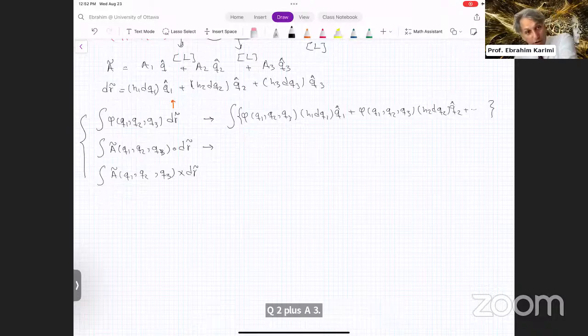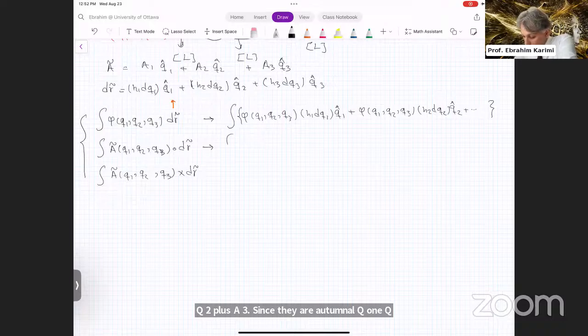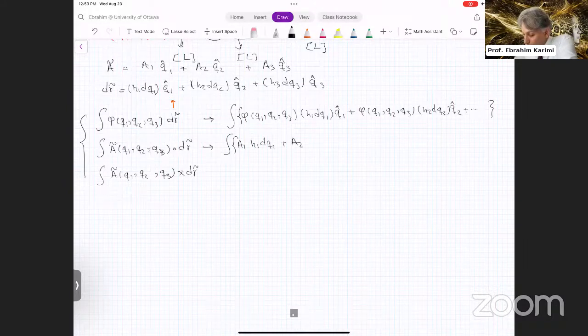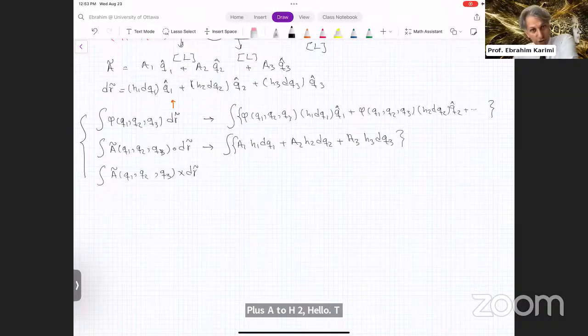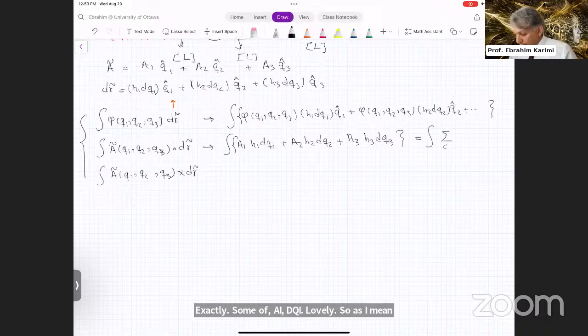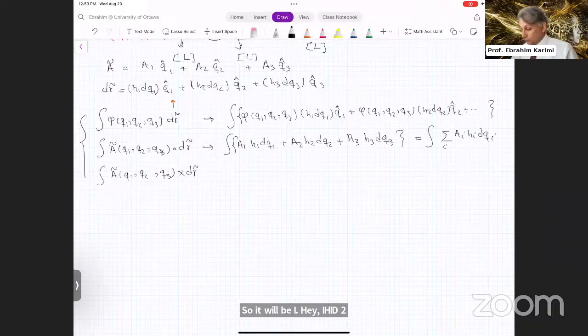Since Q1, Q2, and Q3 are orthogonal, then easily that will be given by A1 H1 dQ1 plus A2 H2 dQ2 plus A3 H3 dQ3. Exactly, the sum of Ai Hi dQi. Lovely. So as Amir Hossein said, let's write it in that form. So it will be the sum of Ai Hi dQi, and i is changing from 1 to 3.